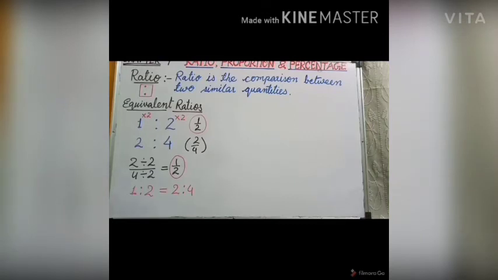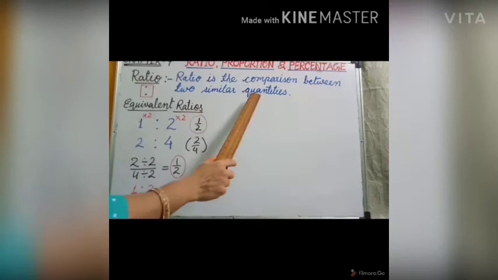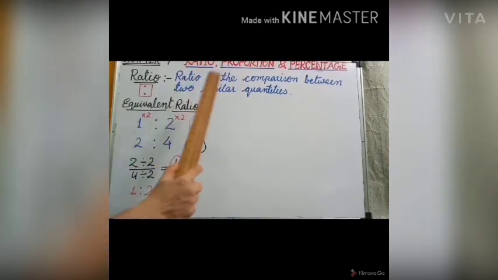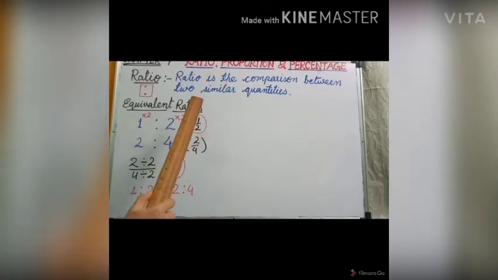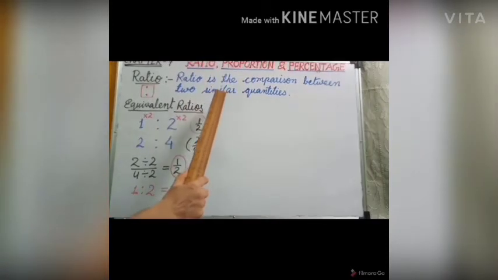Children, we have just learned about ratio. That ratio is the comparison between two similar quantities. That means अगर हमको two similar quantities को या amounts को compare करना है तो हम उसको ratio के through लिख सकते हैं, ratio के through compare कर सकते हैं.